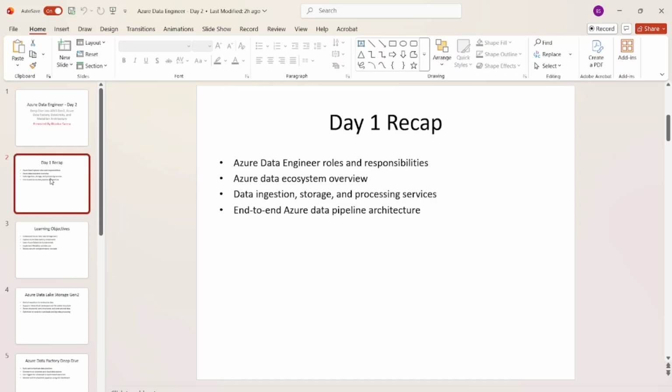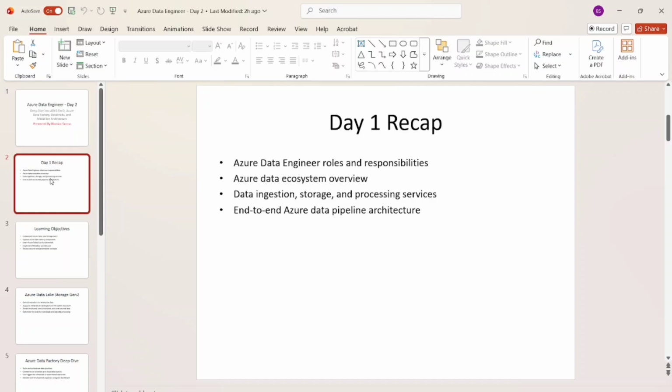Azure Data Engineering day 2. Welcome to day 2 of our Azure Data Engineering learning series. In day 1 we covered the fundamentals of Azure Data Engineering, including the role of a data engineer, the Azure data ecosystem, core Azure services, and the high level view of an end-to-end data pipeline.